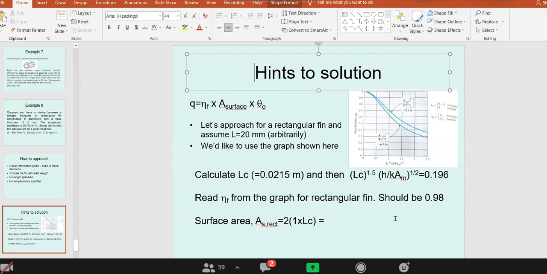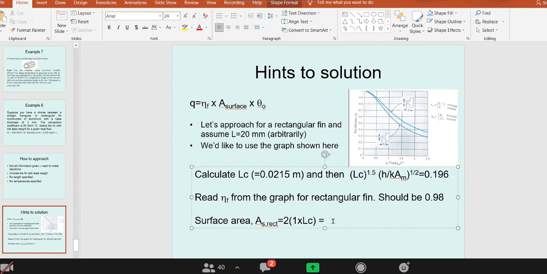Now since we have designed it with L equals 20 millimeter, can you calculate the surface area of heat transfer for this fin? And that is clearly 2 into 1 times LC. Okay, because here we take unit depth and LC is the length, and you consider both surfaces and you get the surface area to be equal to that.